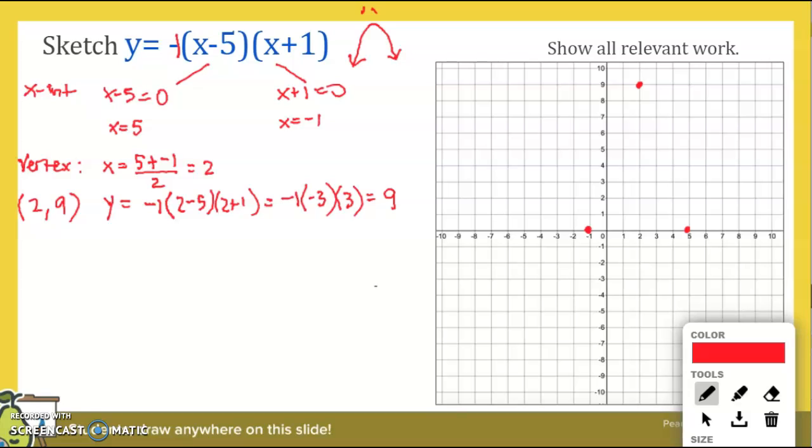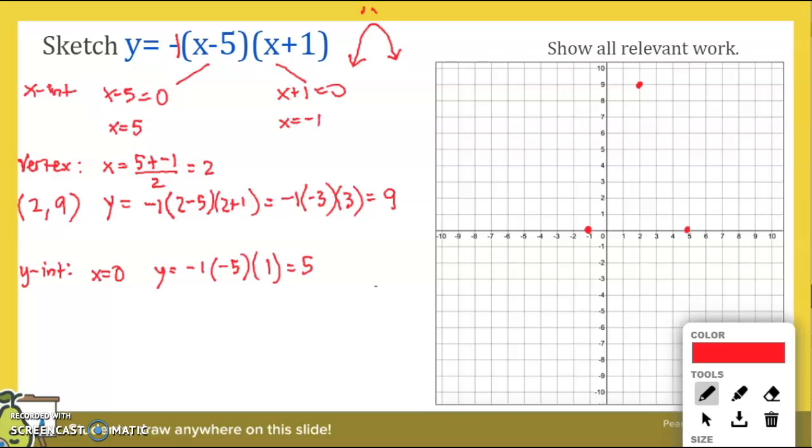Okay, then finally the y-intercept. We know that for the y-intercept, the x value is always going to be 0. So when x is equal to 0, y is negative 1 times 0 minus 5, which is negative 5, times 0 plus 1, which is just 1. So negative 1 times negative 5 is going to be positive 5.